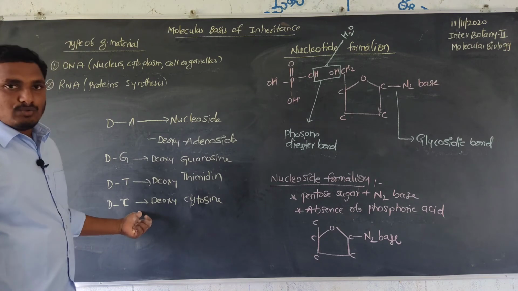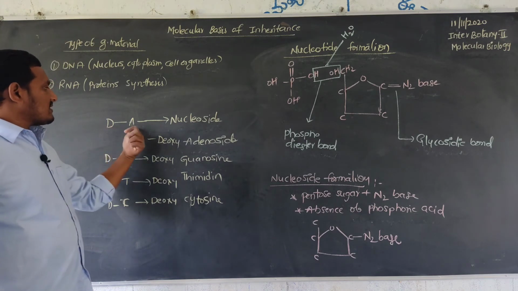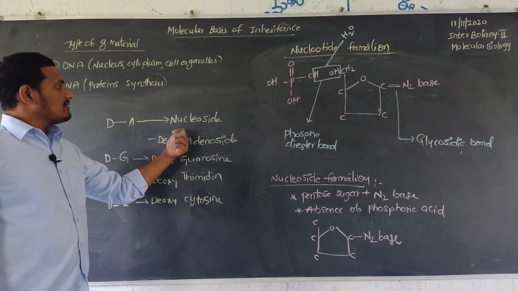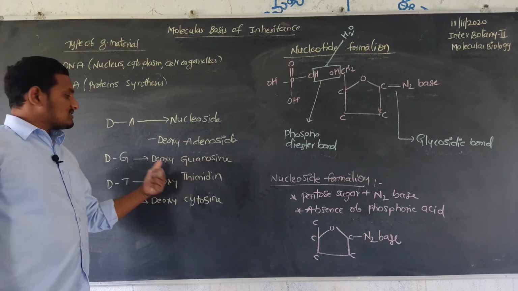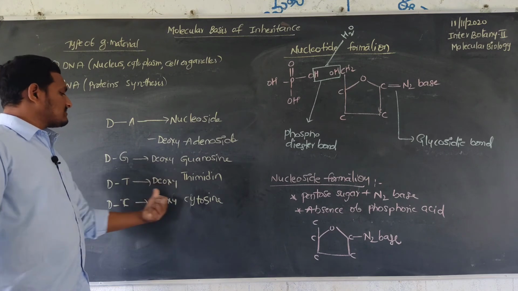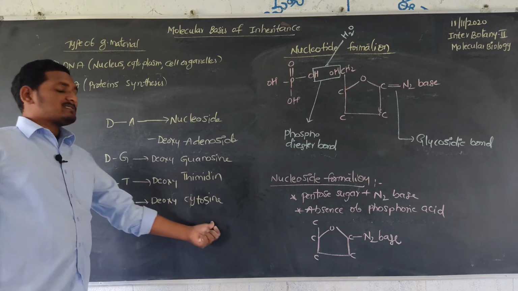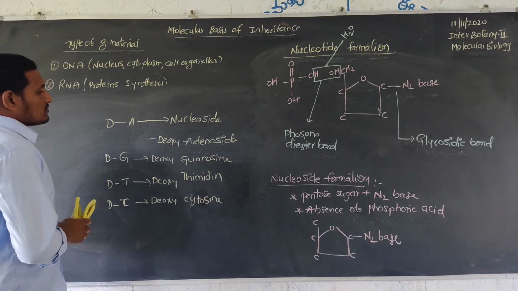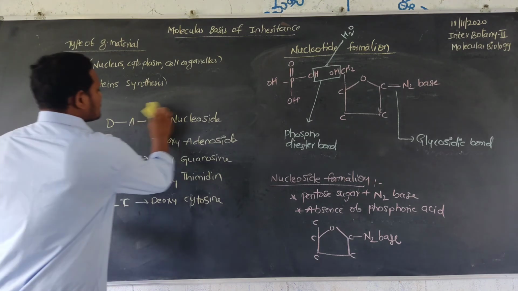These are mainly nucleosides: deoxyribose sugar attached to adenine, deoxyadenosine, deoxyguanosine, deoxythymidine, deoxycytidine. These are nucleosides. What about nucleotides?